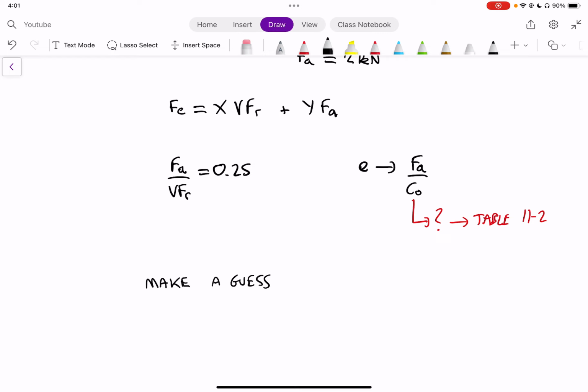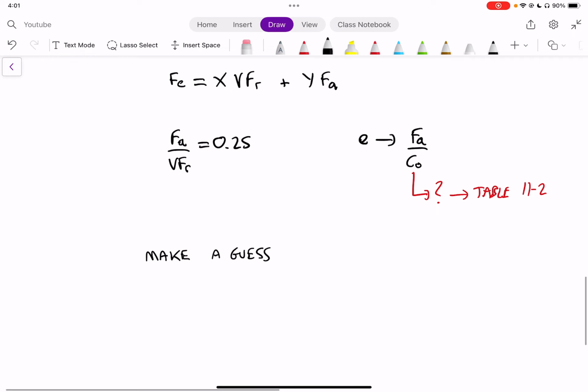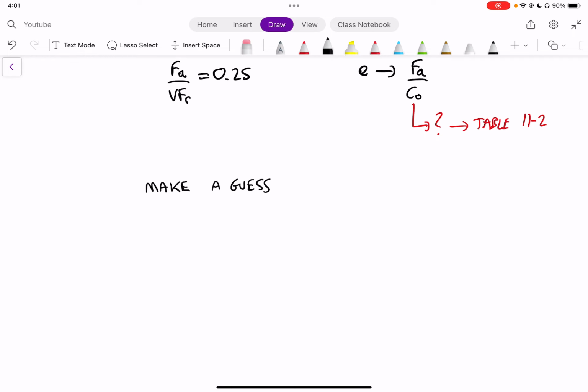Now, in order to make a guess on what bearing to choose, we're not just going to do a random guess at a random bearing. That could be done, but it could take us a while to get to the right answer. So what we're actually going to do is look at our problem and try to figure out, based on our problem, what our F desired usually equals in this case, or what it is going to be equal to or close enough.